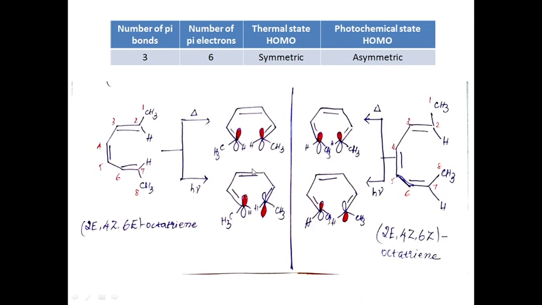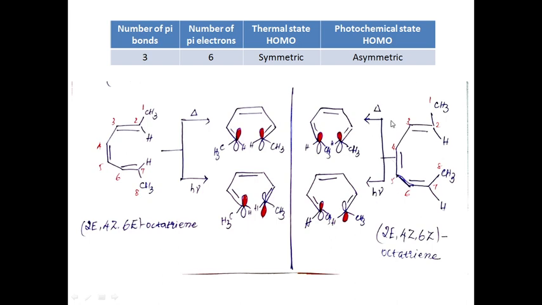Look at this flow chart. So this is octatriene. Under thermal state, symmetric, hence the lobes of similar kinds are on same side. Okay. Under photochemical state, the lobes become opposite. Correspondingly, you have E configuration, therefore CH3s are on the opposite side.